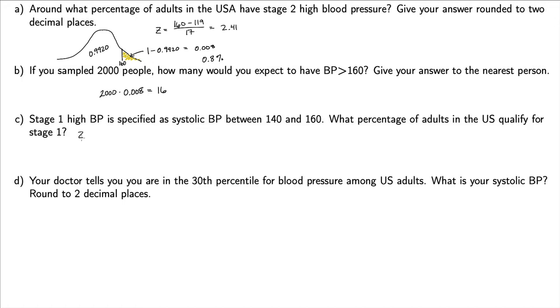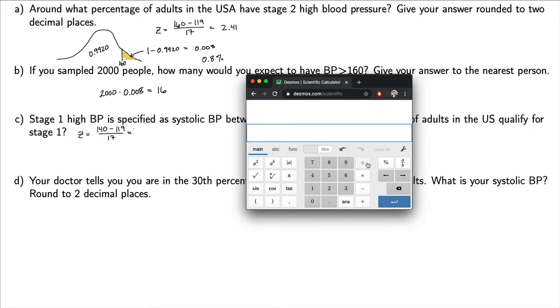So we find our z-score for 140. Take 140 minus the mean, which is 119, divided by the standard deviation of 17. Plug that into our calculator, 140 minus 119 over 17, and round to the nearest hundredth for the z-score. That's going to be 1.24.